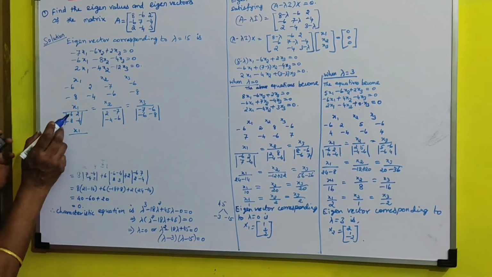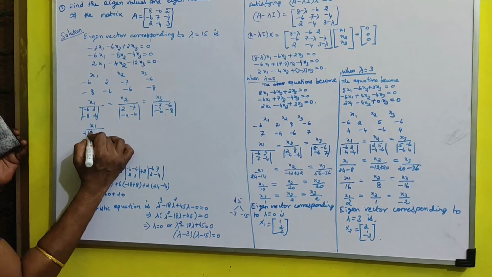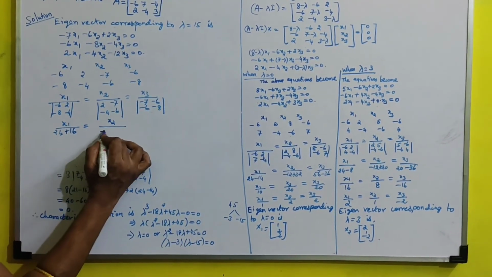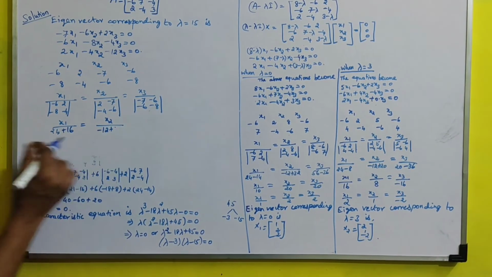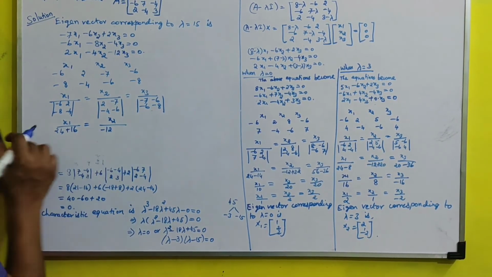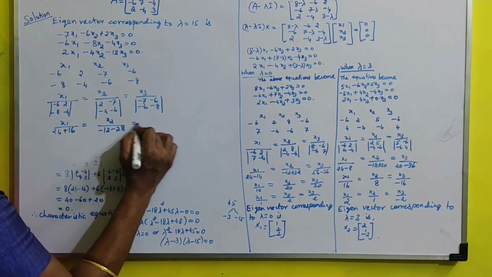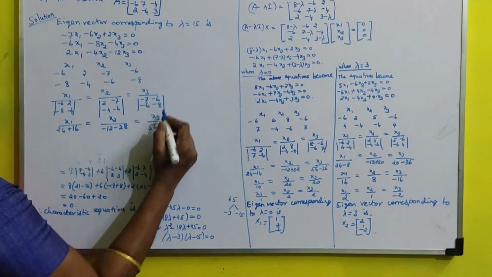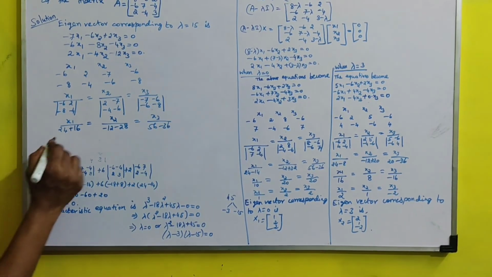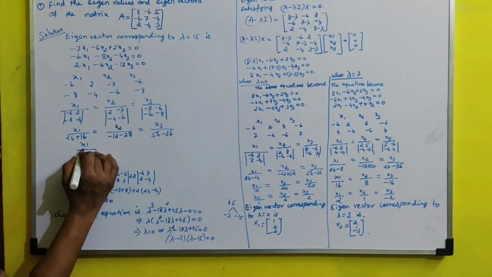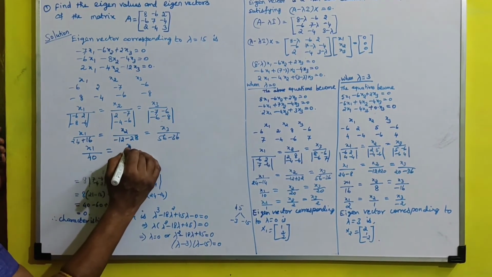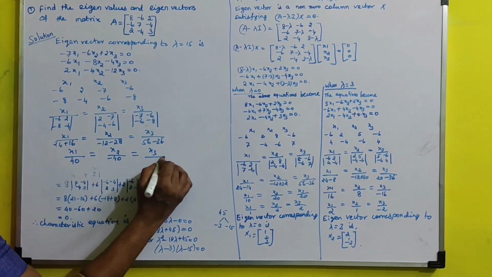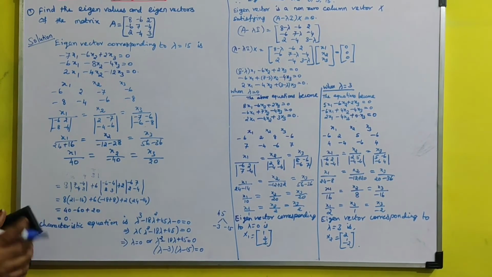x1 divided by 24 plus 16, x2 divided by minus 12 plus minus 28, x3 divided by 56 minus 36. So x1 divided by 40, x2 divided by minus 40, x3 divided by 20.